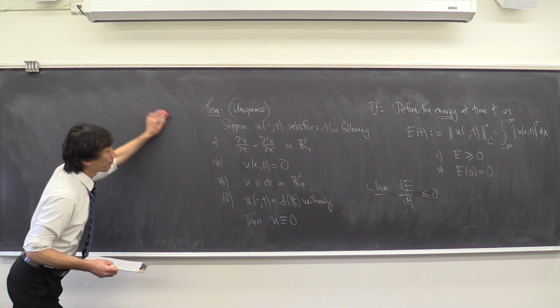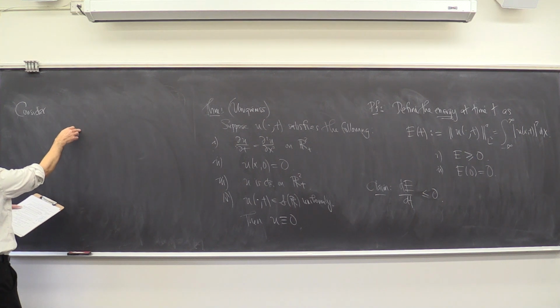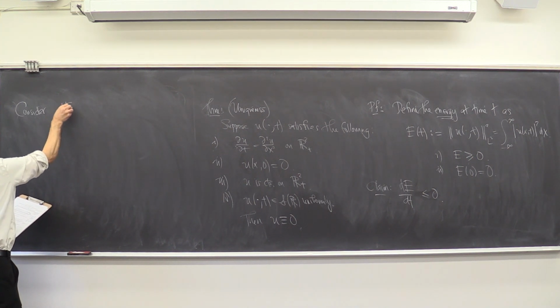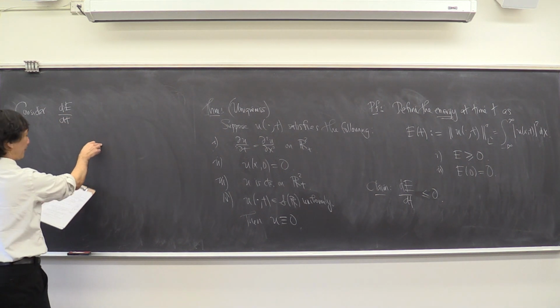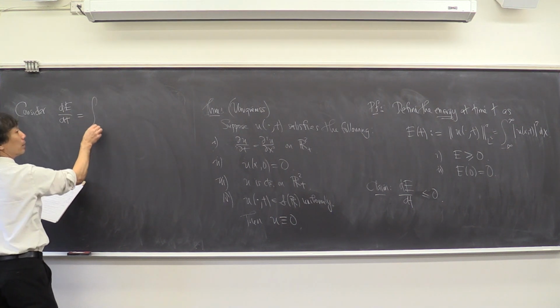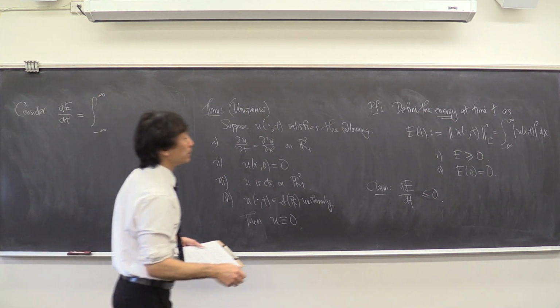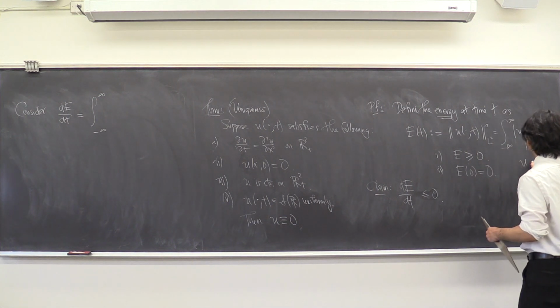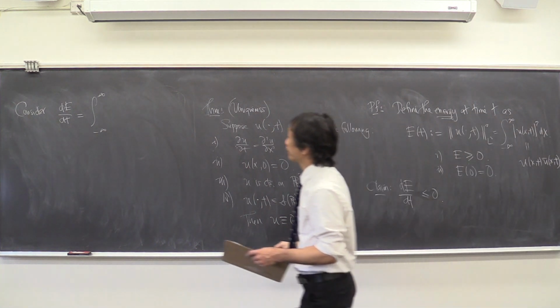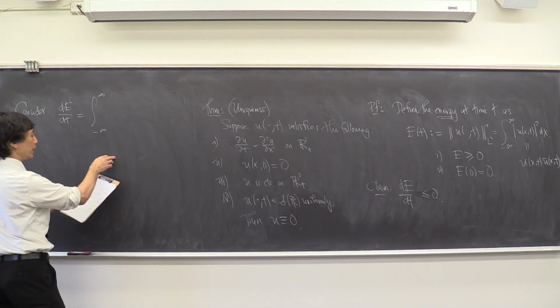So consider the derivative. This thing is of course u times its complex conjugate. When you differentiate, again we differentiate under the integral sign.